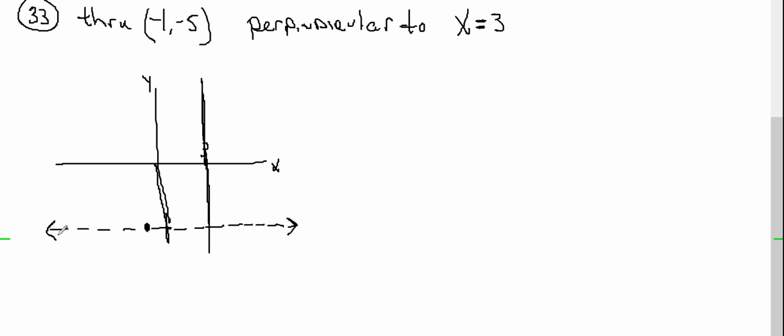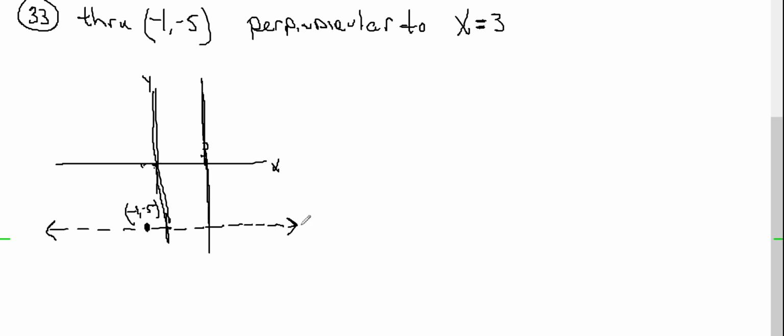How do we graph that? What's the equation of this line? Well, remember, here's the y-axis here. I went to the left 1 and then down 5. Left 1, down 5. So this is -1, -5.